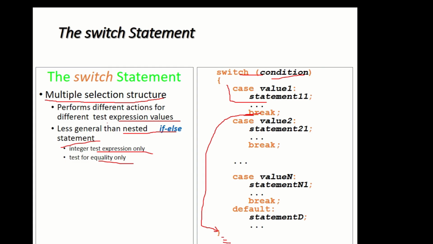The next, if there is some source code after this, then if this case or this case value is not satisfied or not true, it checks the second case, and if it is not true, it checks another case, and finally the default case.